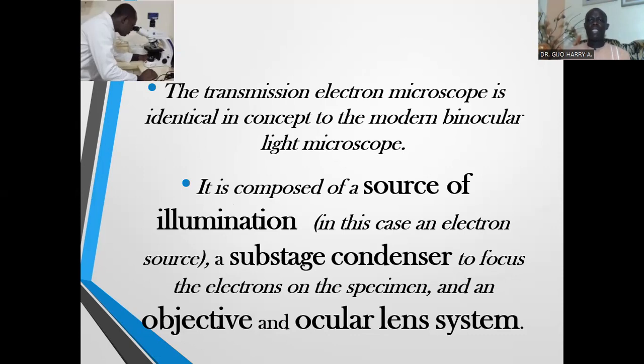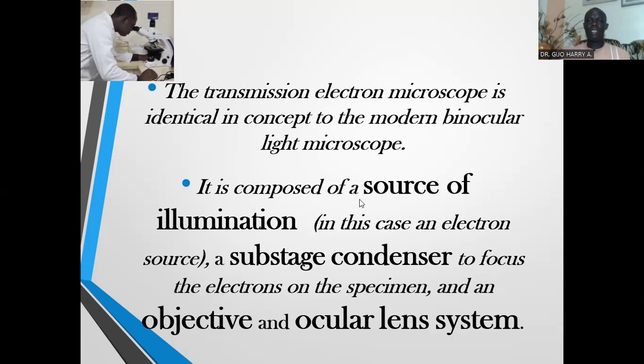The transmission electron microscope is identical in concept with a modern binocular light microscope. It is composed of a source of illumination, in this case an electron source, a substage condenser to focus the electrons on the specimen, and an objective and ocular lens system.